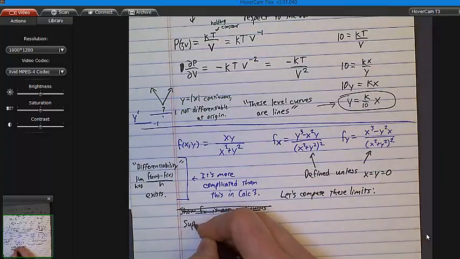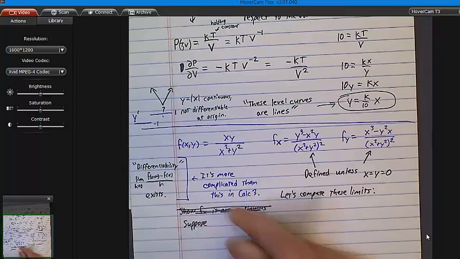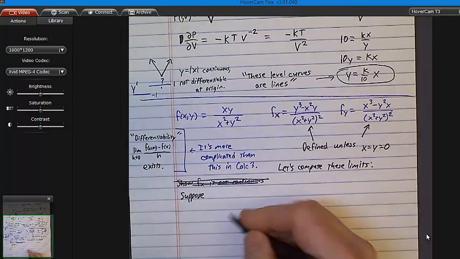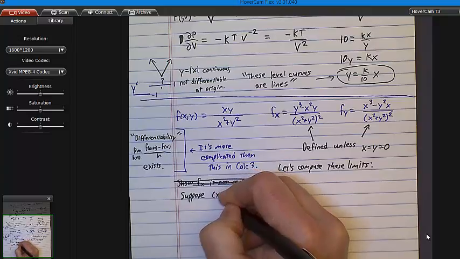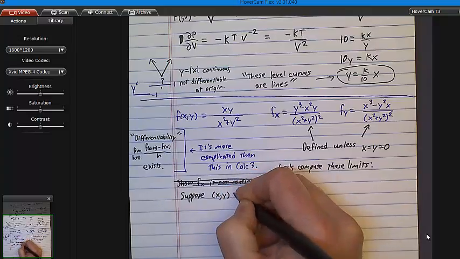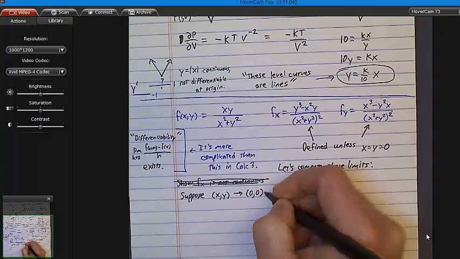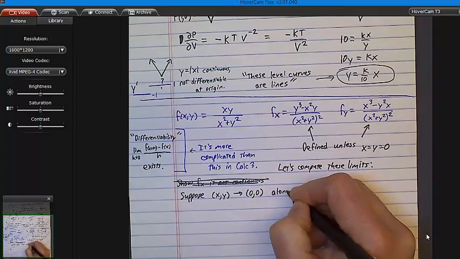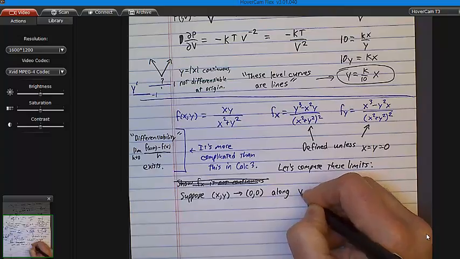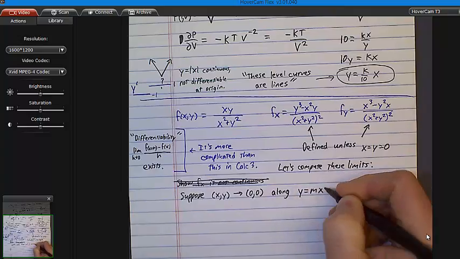Suppose x, y is approaching 0, 0 along the line y equals mx.